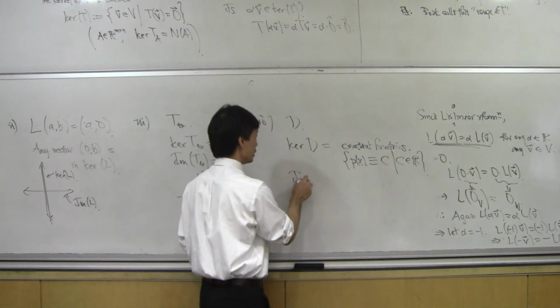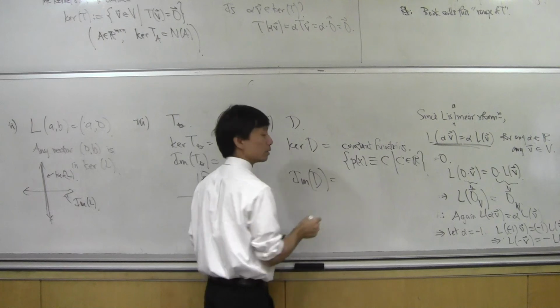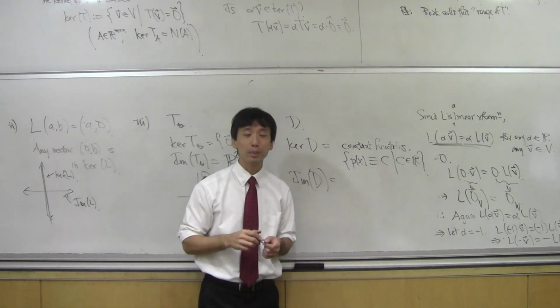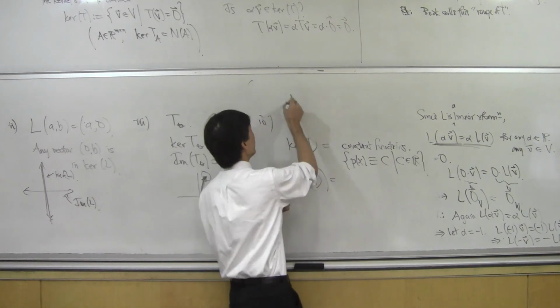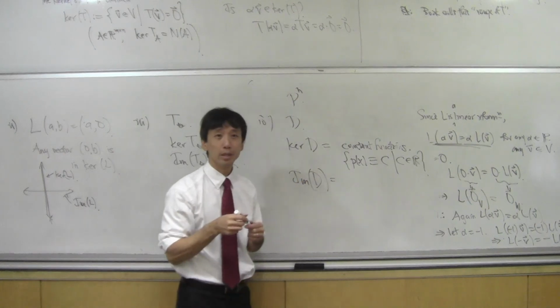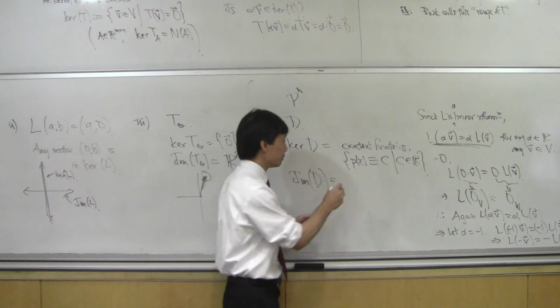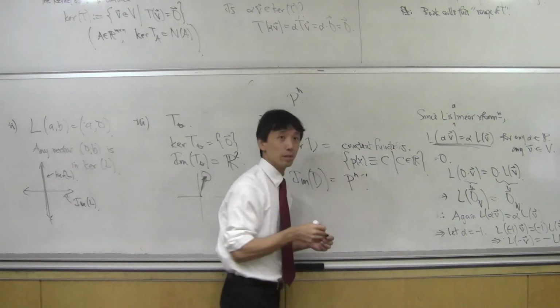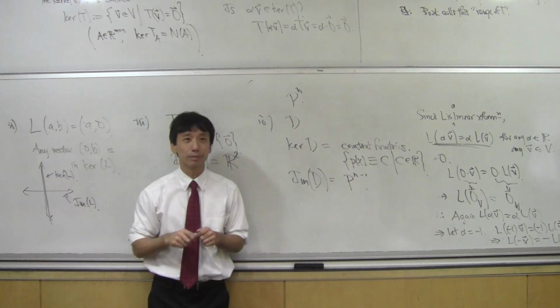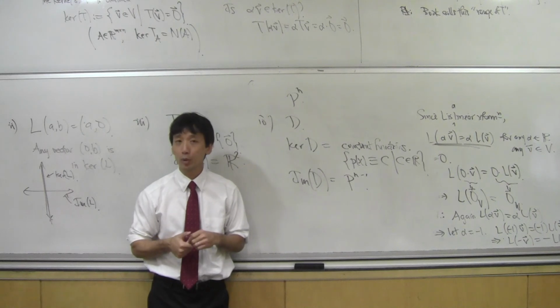Okay. What's the image? Remember, the space was Pn. What's the image? Pn minus 1. Because you're going to lose a degree when you differentiate.